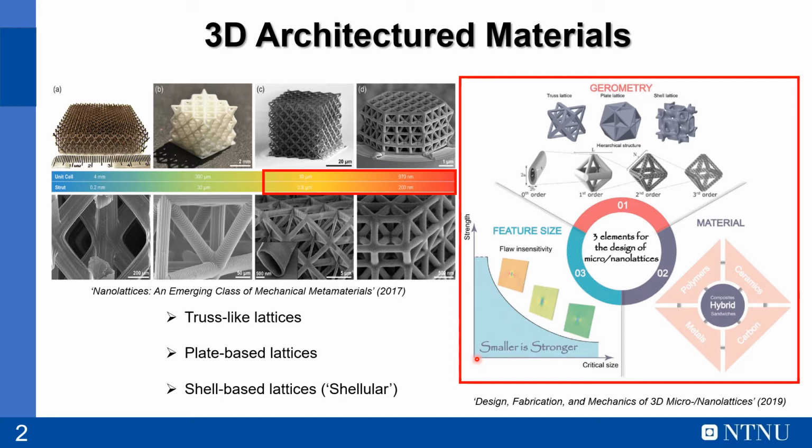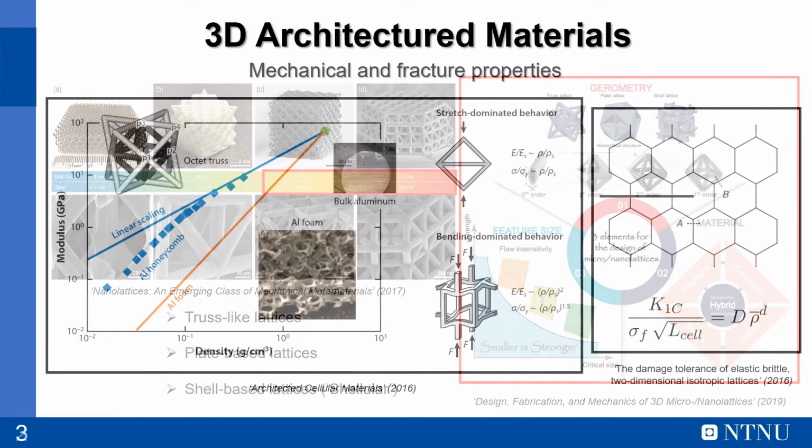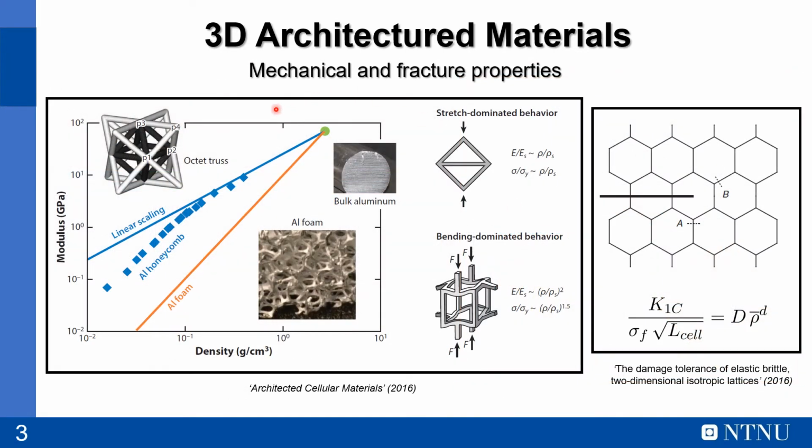Joining these two properties, the architecture and the feature size, we can design and tailor properties by exploiting both of them and creating 3D architecture materials. What we are interested in is mechanical and fracture properties. Specifically, the latter are the main point of the present work.